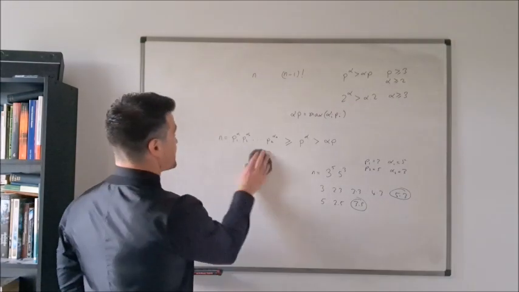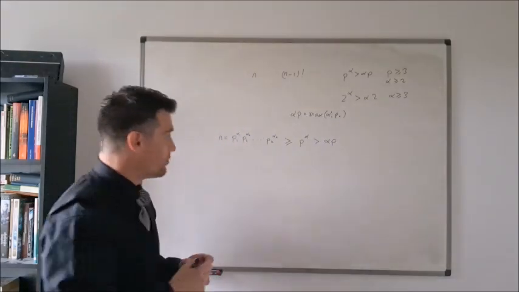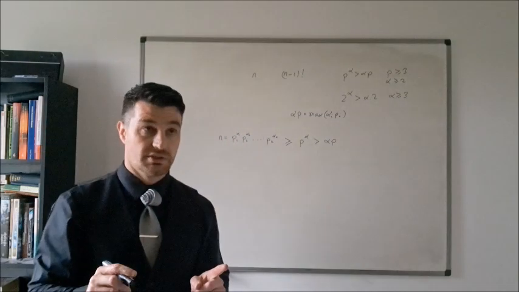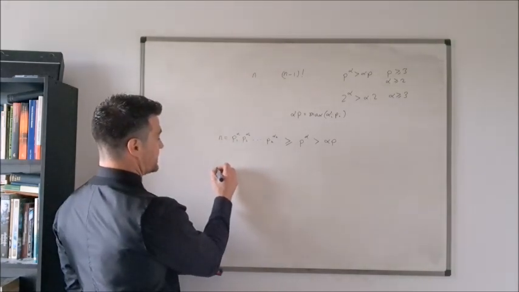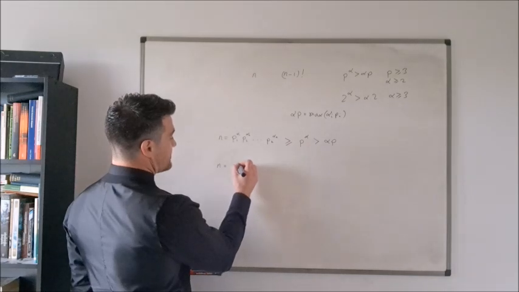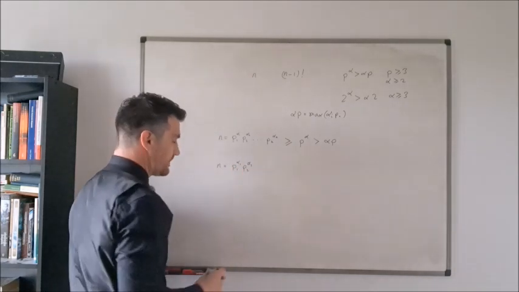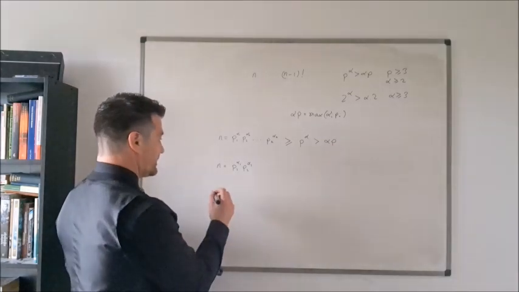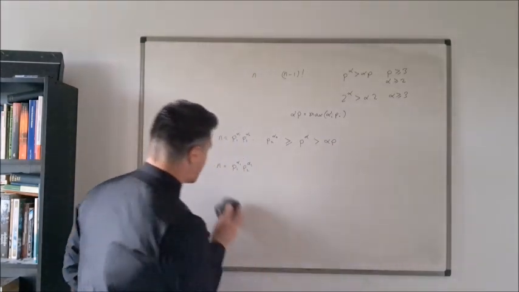So let's get rid of this. I'll illustrate what my thinking was on a smaller scale. Let's say we've got, for example, n equals just P1 to the alpha 1 times P2 to the alpha 2. Actually, I don't even need to set n equal to that.